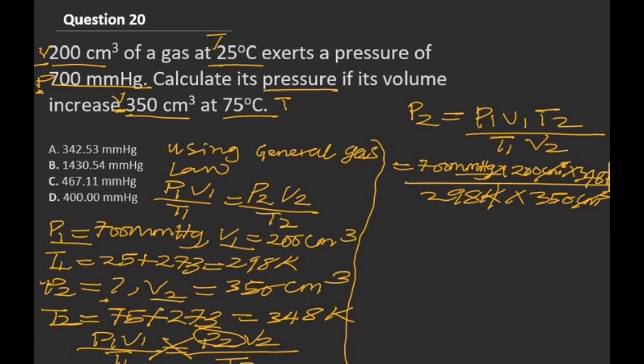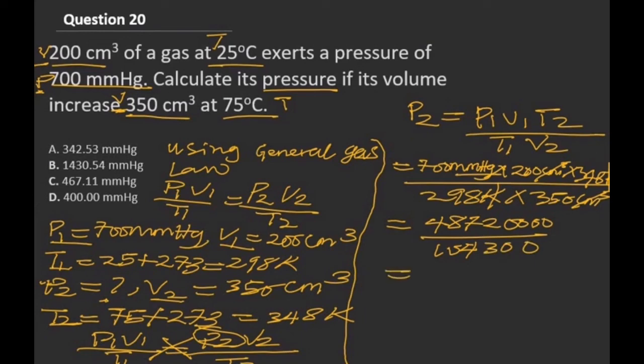When you multiply them out, you get 4872000 over 104300.